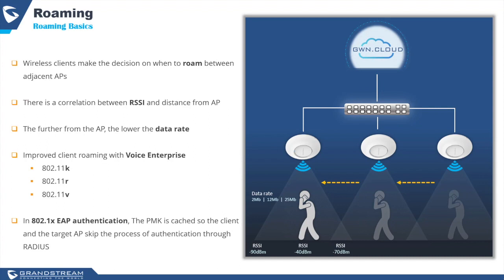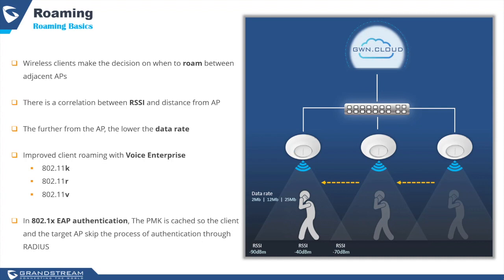And the RSSI metric is a relative value used to measure the signal strength or the signal quality in dBm. And while the wireless client moves across the Wi-Fi network, it continuously scans the wireless network for access points that have a better received signal.